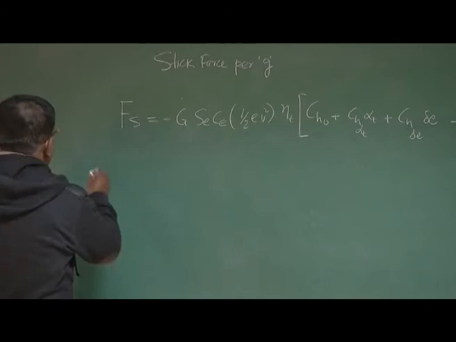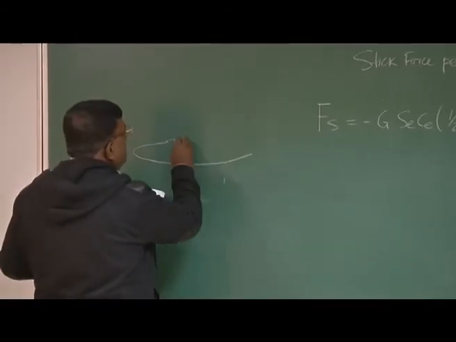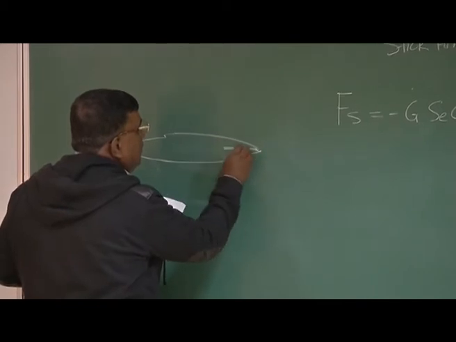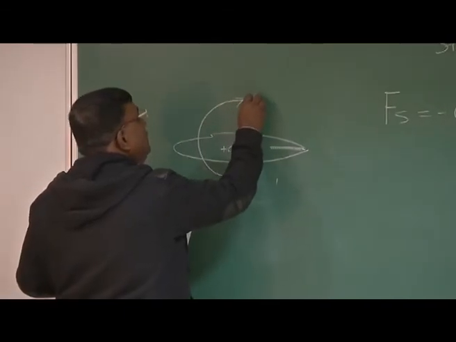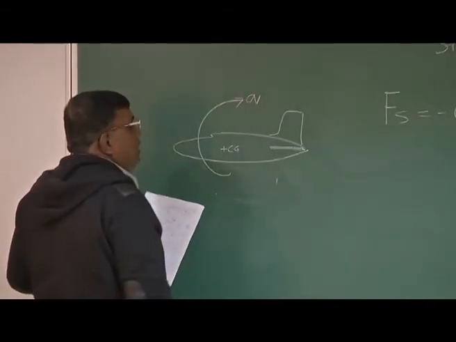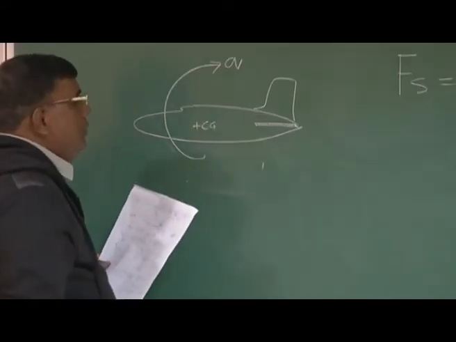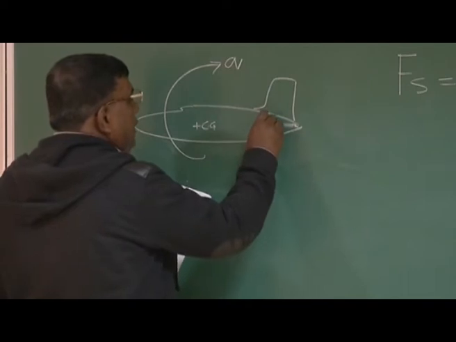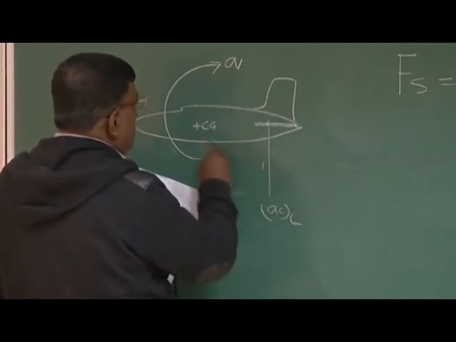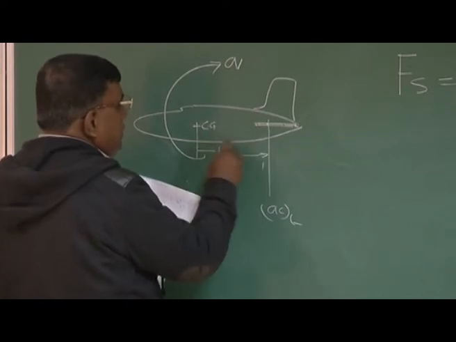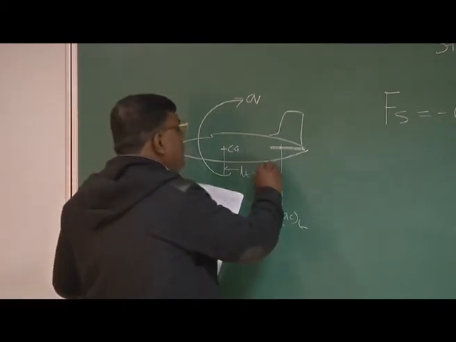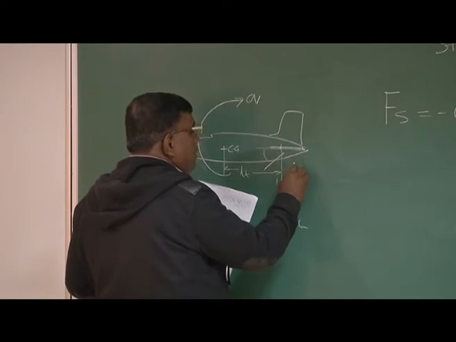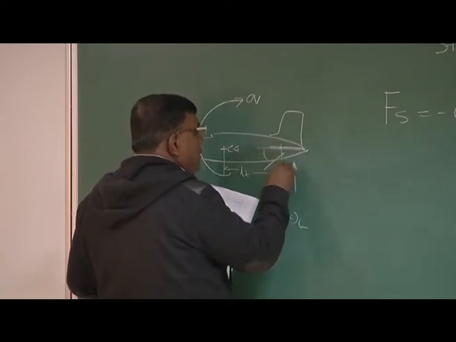Okay, and we know that if I see this diagram, if this airplane is going for a pitch up with pitch rate q, which is q radians per second, and if this is the AC of the tail and this length is LT by convention, the horizontal tail moment arm, then you know that because of this there will be a relative air velocity at the AC, which is a resultant. Let us say at the AC we are taking this.